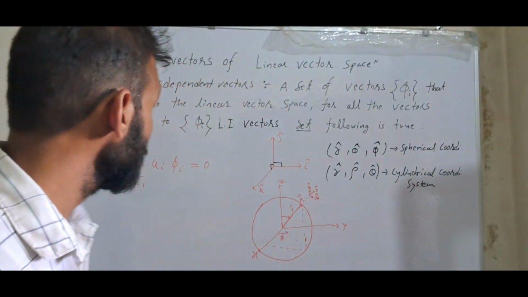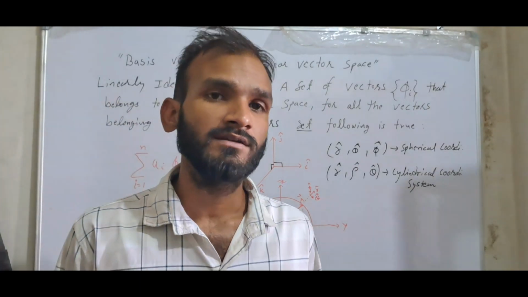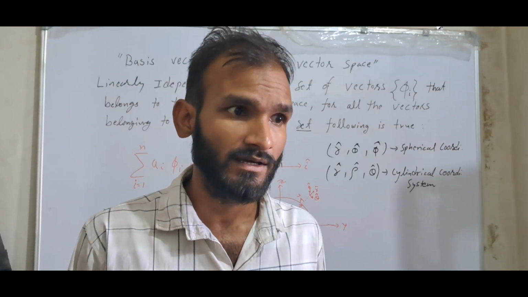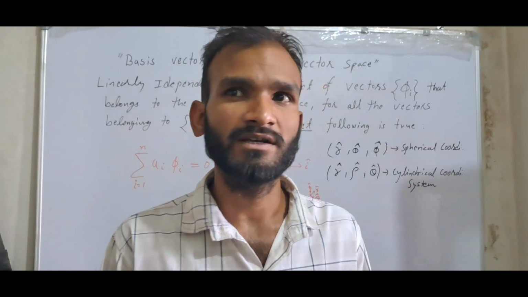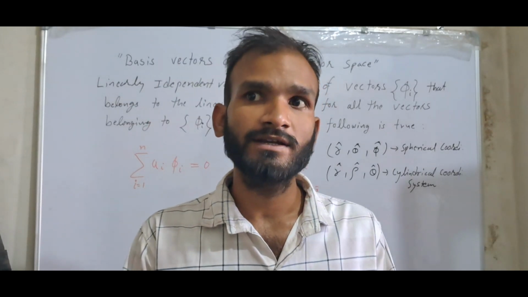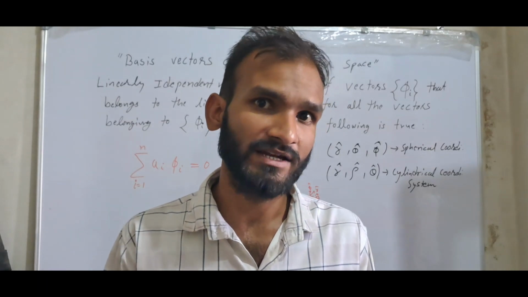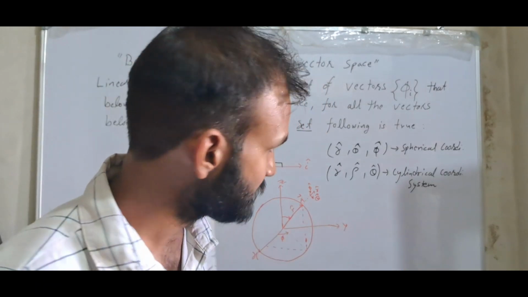Now let's understand what it means to say that these vectors are linearly independent. Later on we will discuss that the basis vectors are nothing but the maximum linearly independent vectors that belong to this vector space.